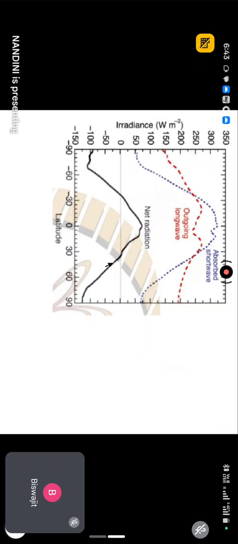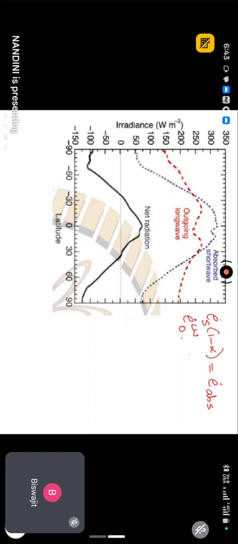So here, if you look at the net radiation, we have the absorbed shortwave radiation, E S absorbed. The blue line basically shows E S times 1 minus alpha, or E absorbed, and we have the longwave, which is the red line.